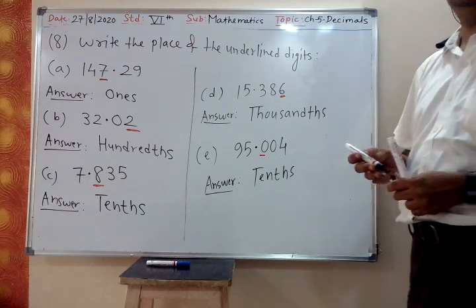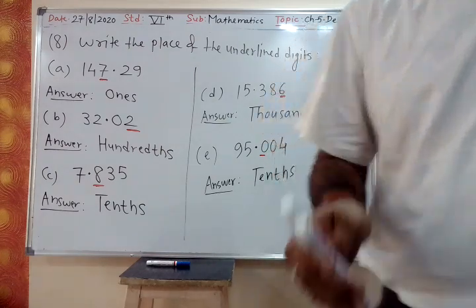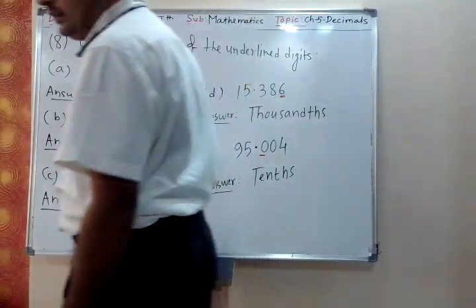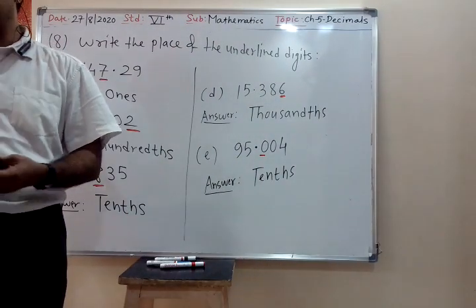In the examination, if you write tens, I will cancel and give 0 marks. So it is tenths, not tens. We write tens, hundreds, thousands before the decimal. After the decimal, we write tenths, hundredths, thousandths. Is it clear?